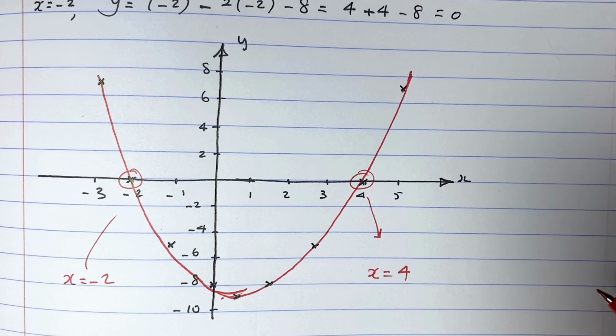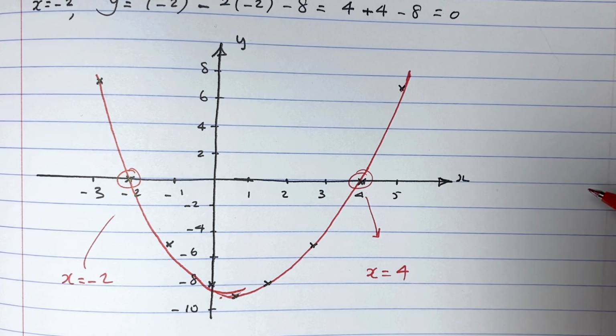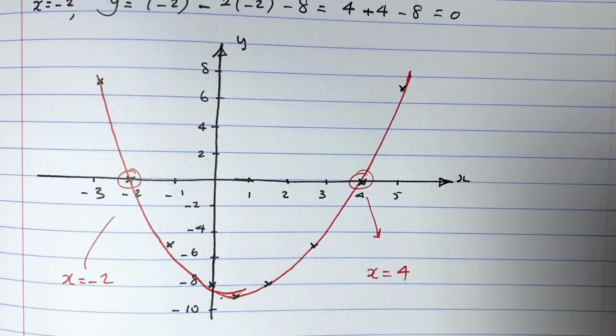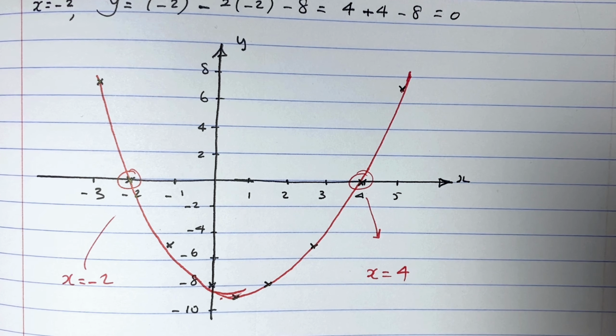Now, if you want to know my opinion regarding which is the best method, first of all, it depends on what the question in the exam is asking me. If they're asking by completing the square, well, I have no choice. I have to do the method they're asking me. Method of factorization, it depends whether the quadratic does factorize.